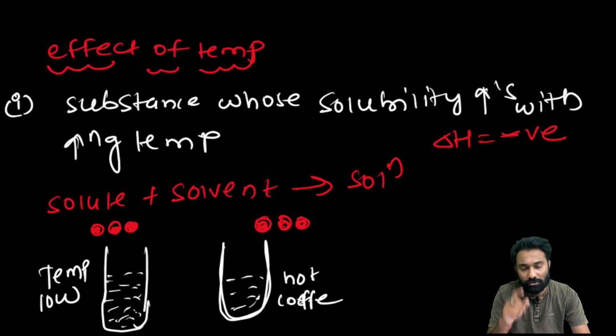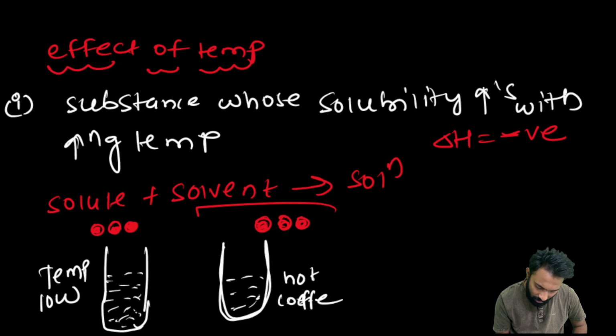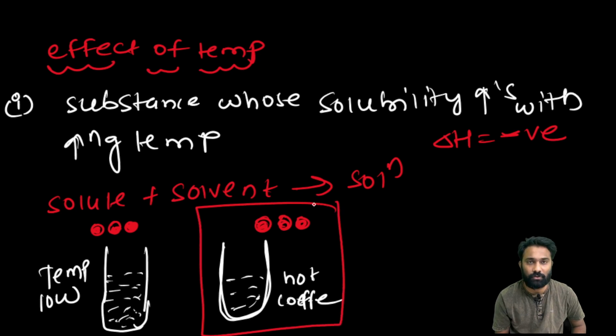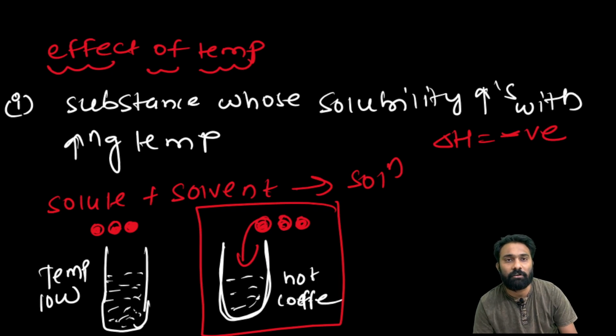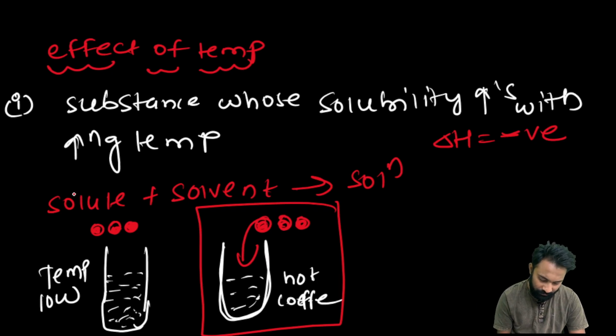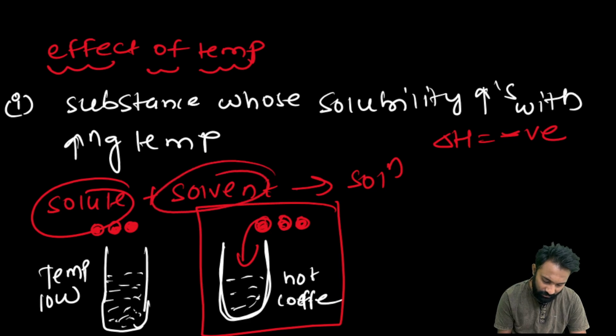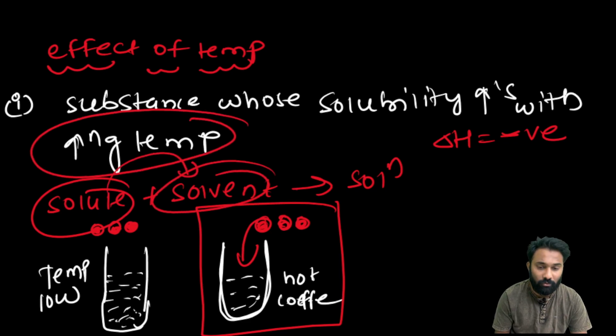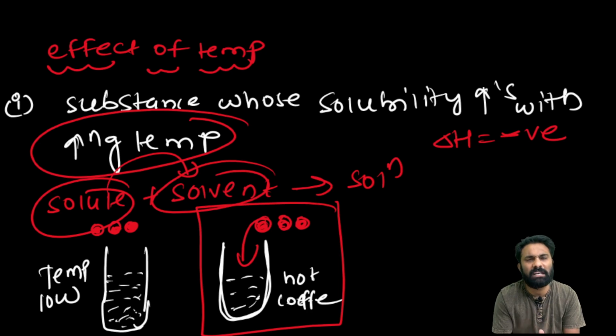Most of the time, in the hot case, the sugar will dissolve very fast. When you add the solute to the solvent by increasing the temperature, the solute will be converted into solution very fast. That is nothing but dissolution happening very fast.